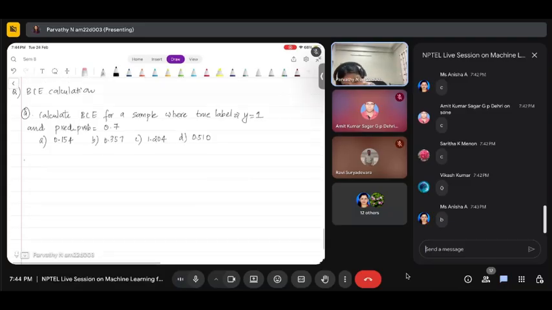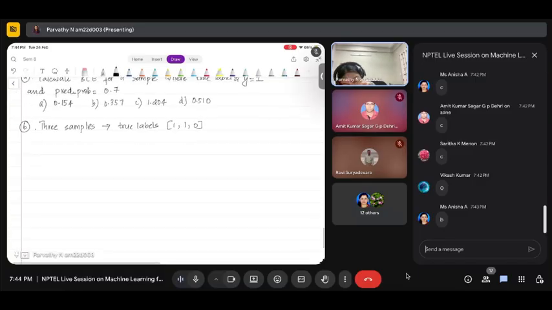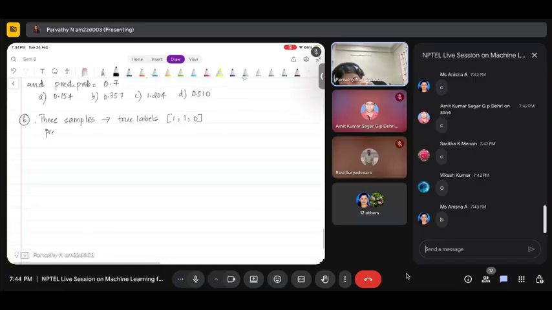One more question from that. So there are 3 samples and their true values are 1, 1, 0. And prediction is 0.9, 0.9, 0.9.